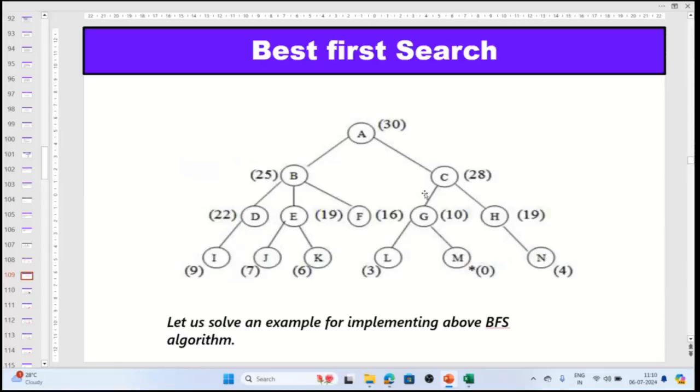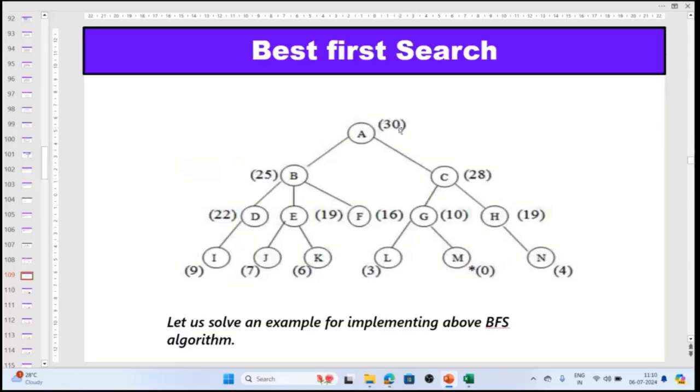Now let us solve this problem. Look at the tree. First of all, check whether values are given or not. Now remember that even if this same tree is given for blind search, naturally this has to be eliminated, or should not be considered, because in blind search there should not be any knowledge. So in DFS and BFS it should not be here.